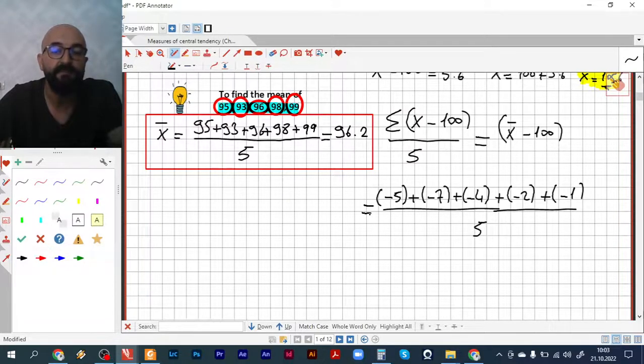But please remember that if we use this process, we can find the mean minus 100.